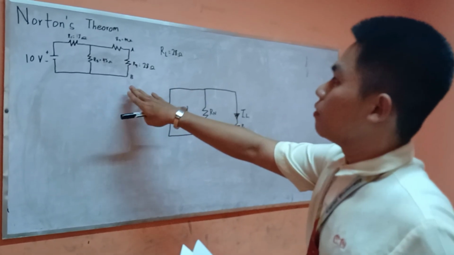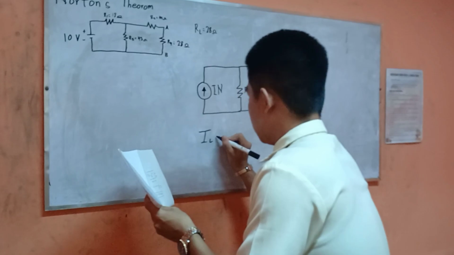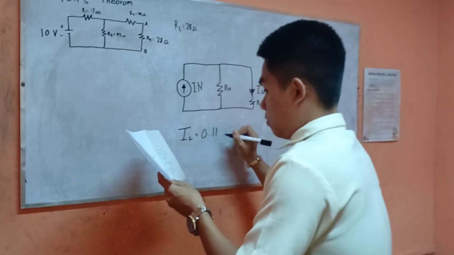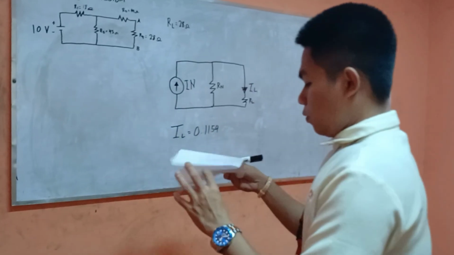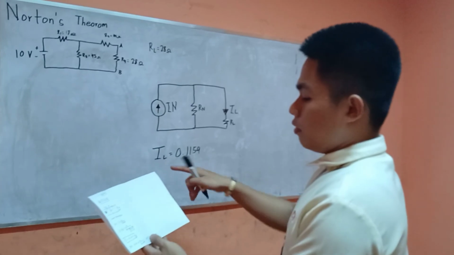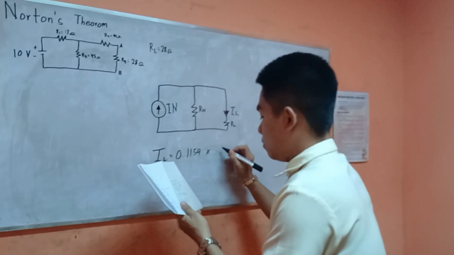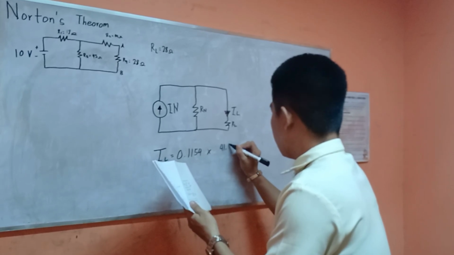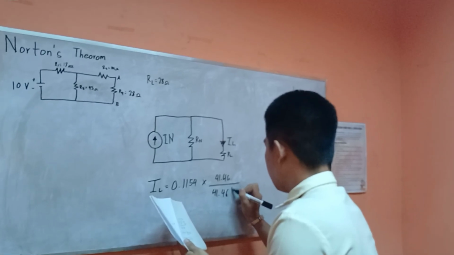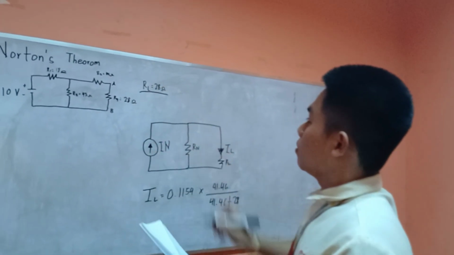To finish the Norton's theorem, the formula is current load is equal to 0.1154, which is the Norton's current from the previous solution, times 41.46 over 41.46 plus 28, which is our load resistor.